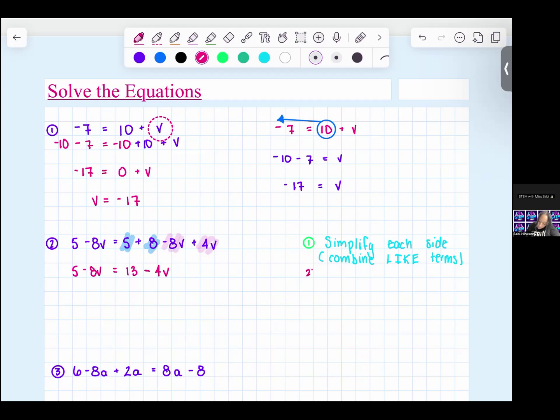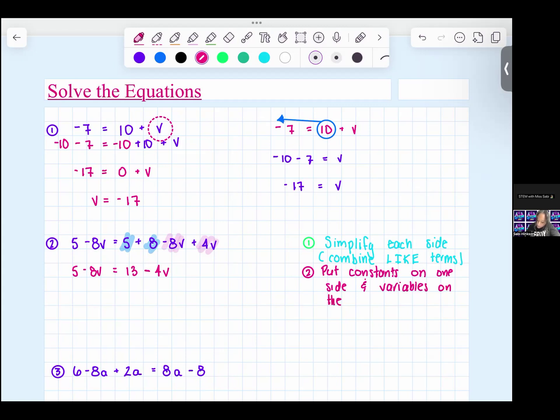And then step 2, I am going to put constants, so these are numbers that stand alone, on one side and variables on the other side of the equal sign.